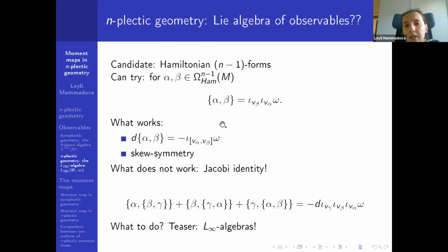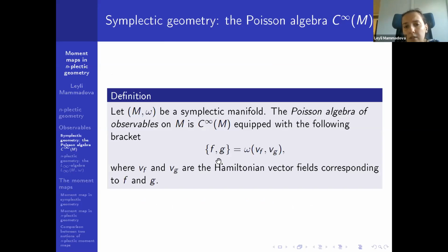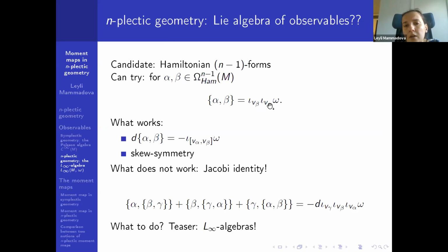And we can also define a bracket in this way, just like we defined it here. And that almost works. What works is that the bracket of two Hamiltonian n-1 forms is a Hamiltonian n-1 form again, due to this identity here.